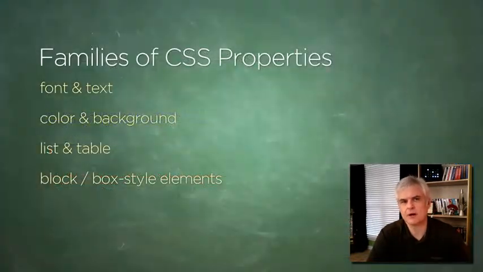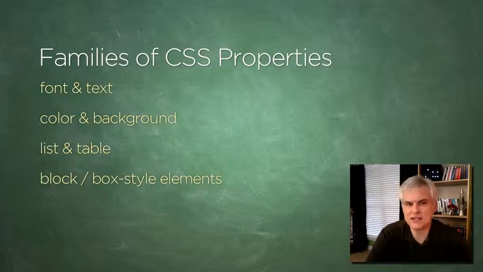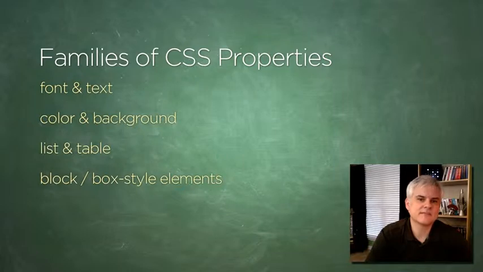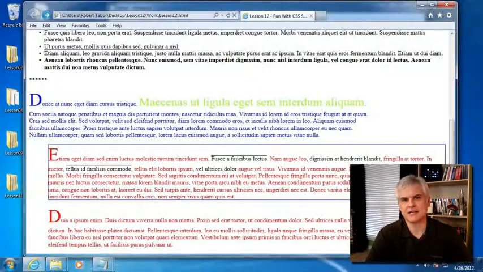We'll talk about properties that affect the font and the text, properties that affect color and background, properties that affect lists and tables specifically, and then properties that affect block or box style HTML5 elements.